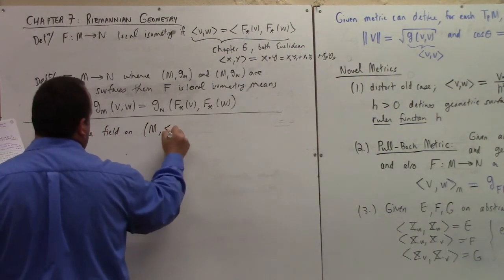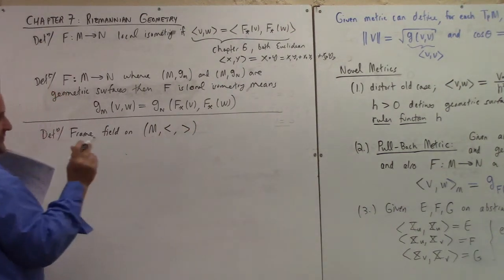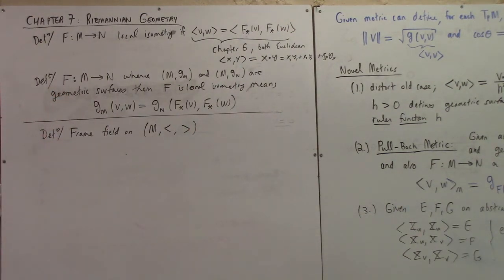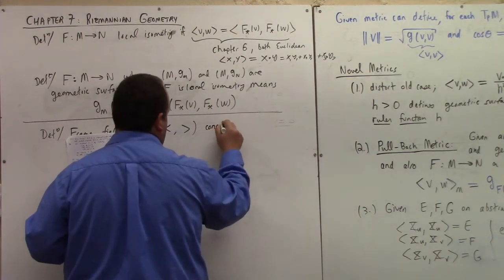I sometimes use the notation like this. Do you guys get what this notation means? I'm saying this abstract surface M paired with the inner product. All right.